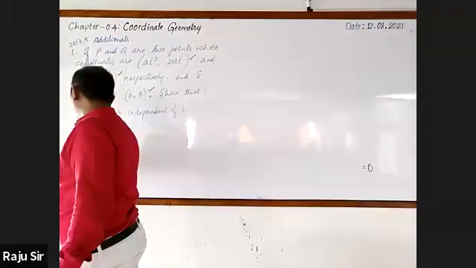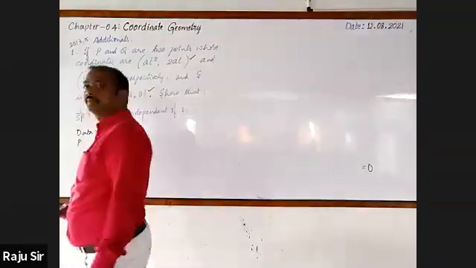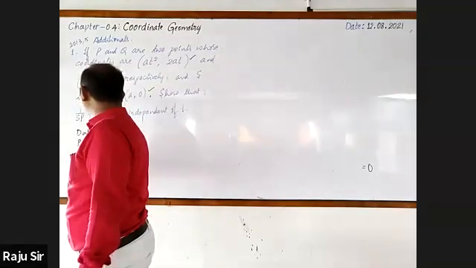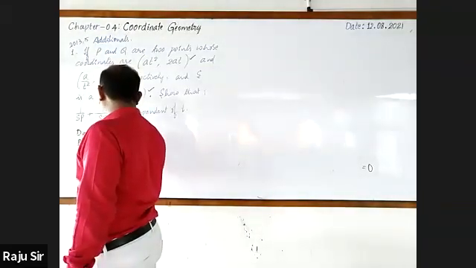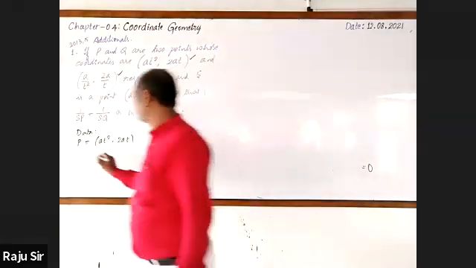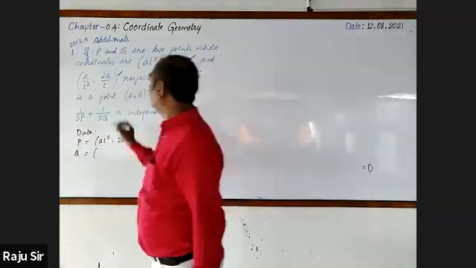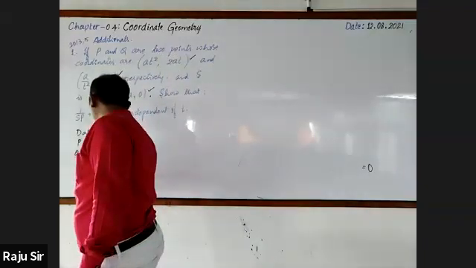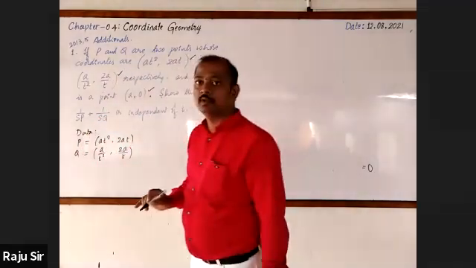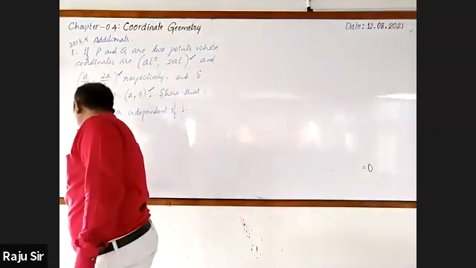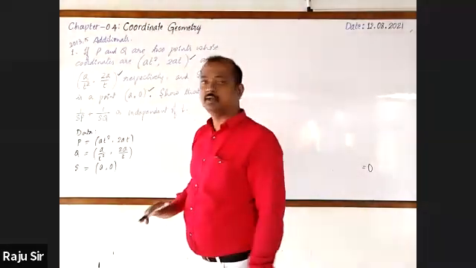First, they have given the coordinates of P. It is a t square, 2a. Coordinates of Q is given. It is a by t square, 2a by t. Coordinates of S is given. It is a comma 0. This is data.